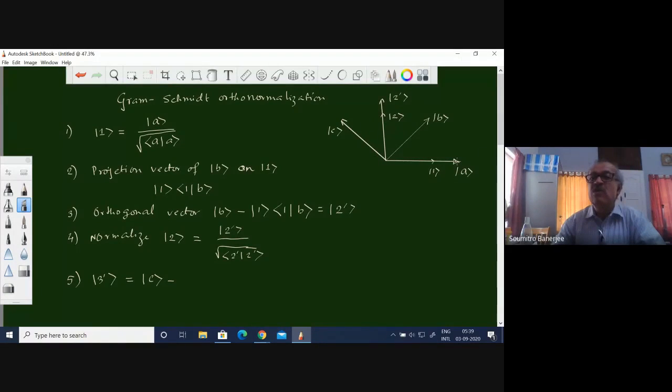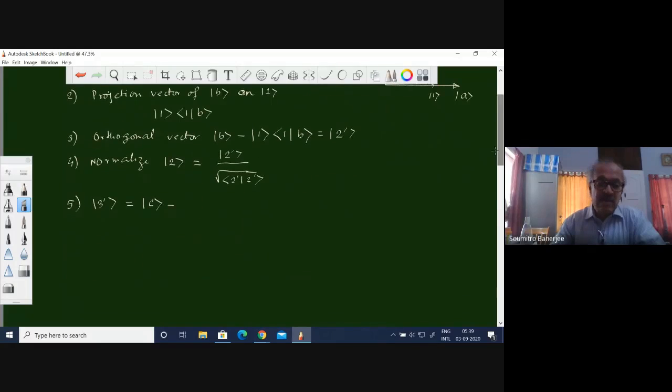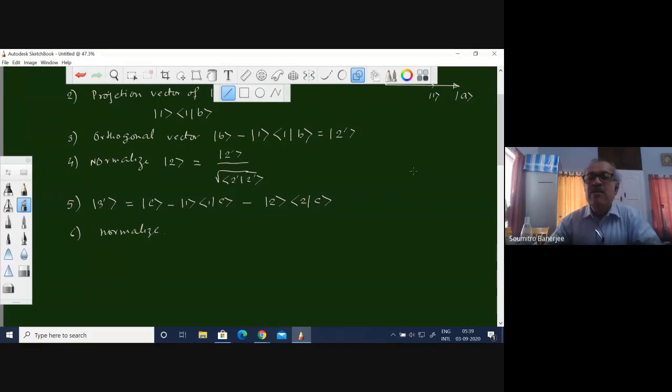Then we get the orthogonal vector. So first we subtract the projection onto e1 of C, and then we subtract the projection onto e2 of C. And then again exactly the same way, normalize.